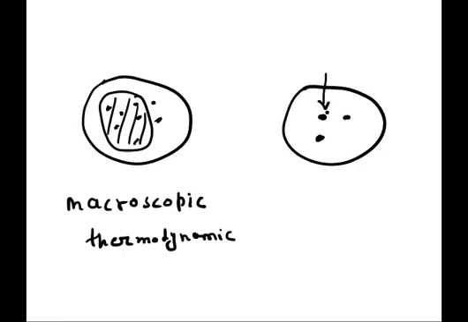We are interested in this particle's behavior, and this particle's behavior, and by statistics we apply average conditions on these molecules and obtain appropriate results. But here we are interested in the individual particle. So that kind of study we call microscopic thermodynamics.